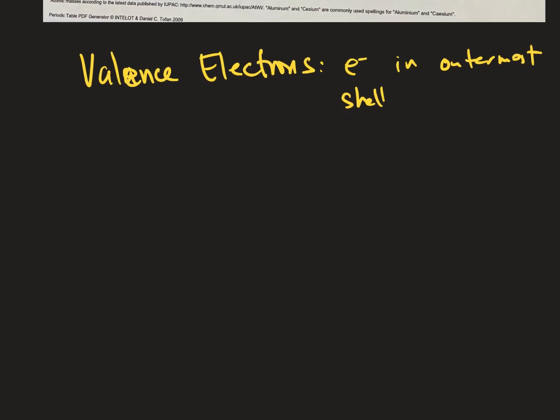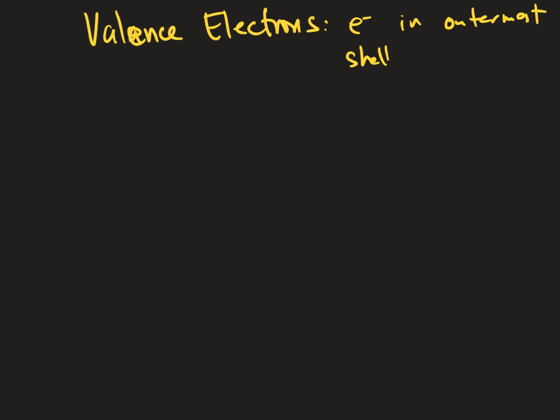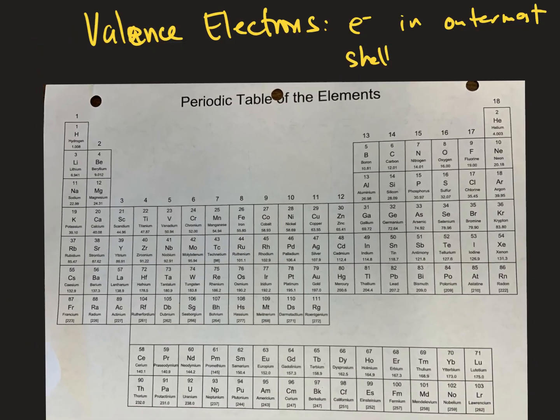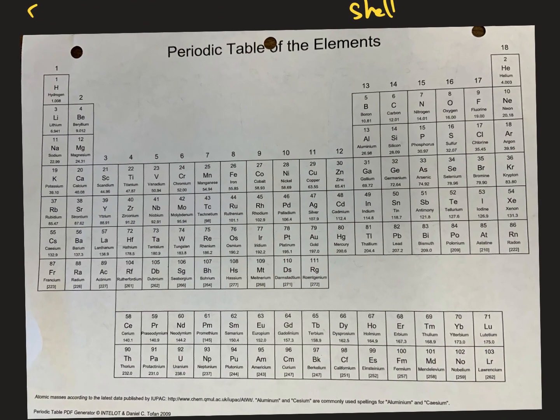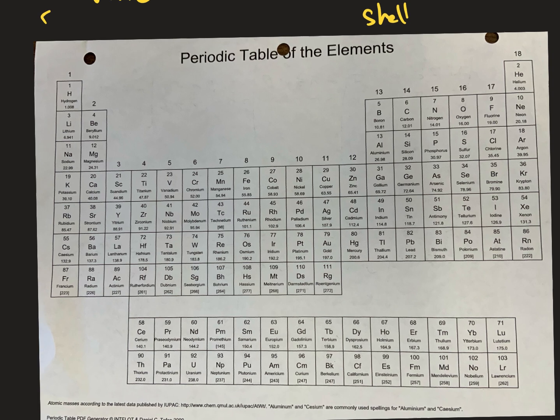So let's get another periodic table here. And on the periodic table, there's a way to tell, without doing the electron configuration, how many valence electrons an atom has.